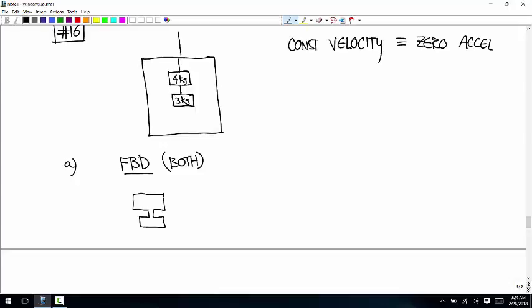Okay. So there's a weight force. The total mass is 7 kilograms. So the weight force is 7 times g. And then the only place the surroundings make contact with the boundary is the pulling force at the top.